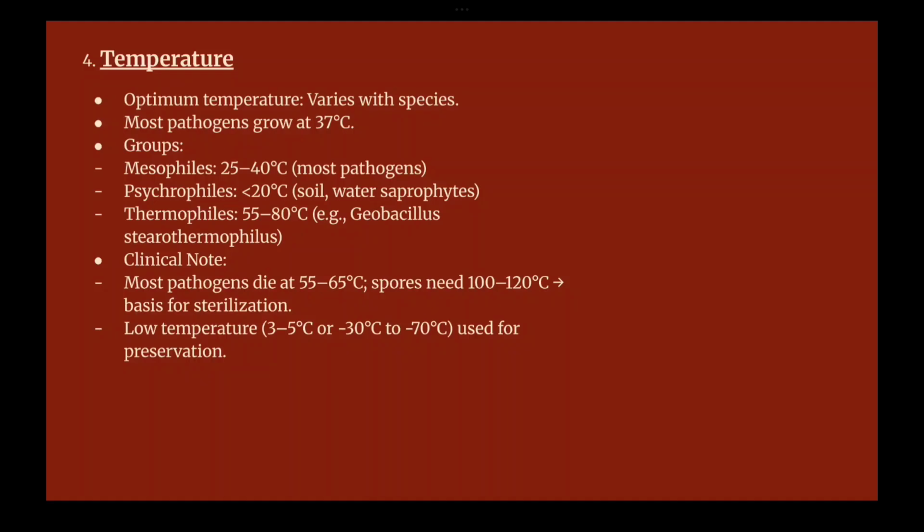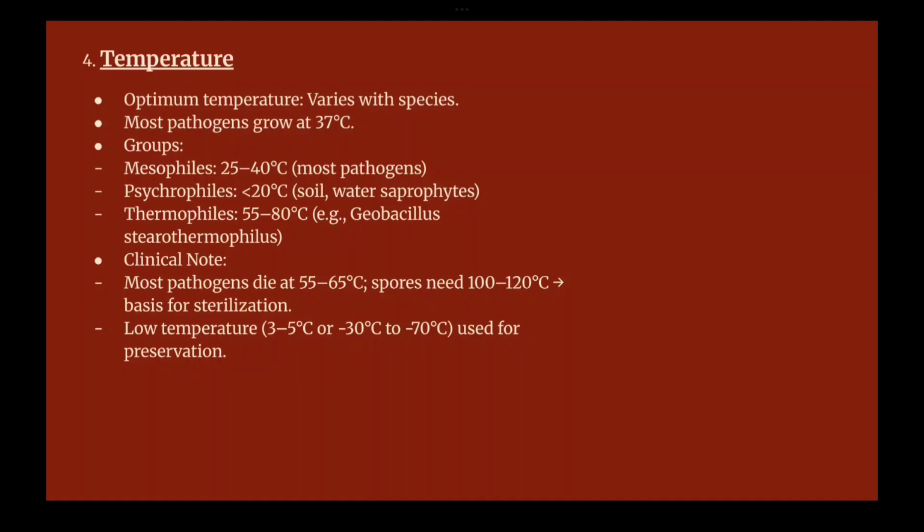Based upon the temperature requirement, the bacteria can be divided into mesophiles, psychrophiles, and thermophiles. Mesophiles grow in the range of 25 to 40 degrees Celsius, and most of them are pathogens.